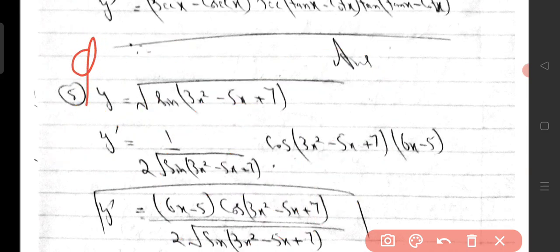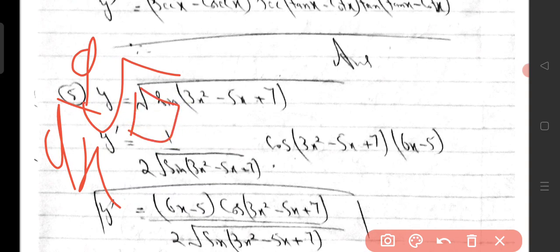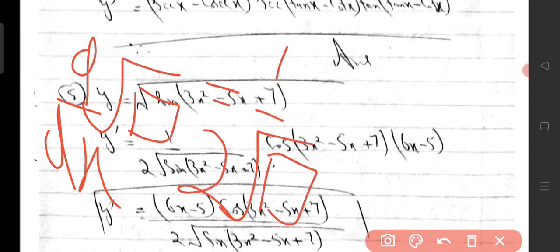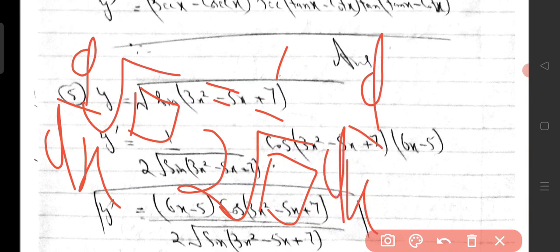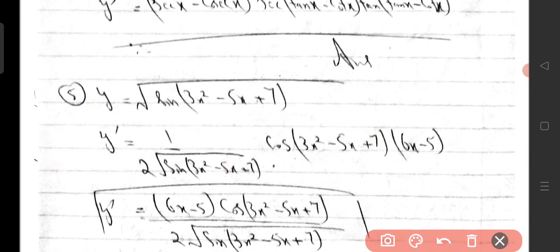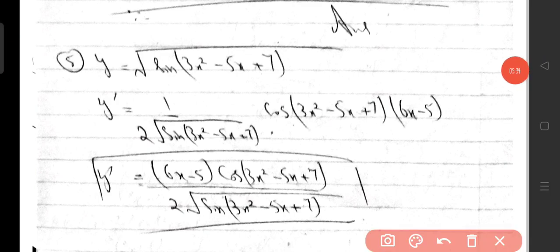And if you have the derivative of root of box, it is equal to 1 over 2 under root box and then the derivative of box, right? So here we are applying such type of formula.